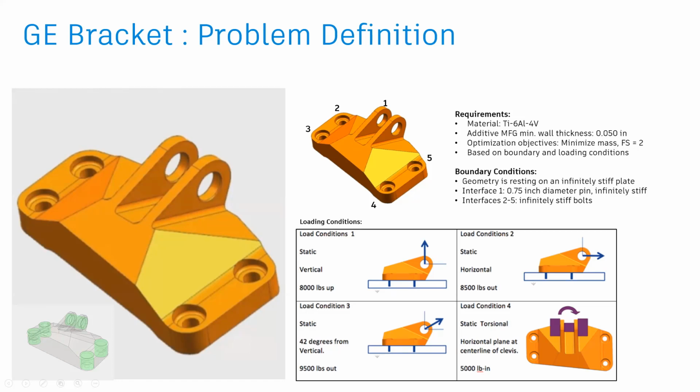I hope you are able to understand this. So the function is, this is bolted or constrained by means of bolts, and there is a pin or a clevis pin which passes through these mounting holes. And this pin is subjected to various different loading conditions. It could be a pulling load, or a pushing load, or even a torsional load, depending upon where it is mounted.